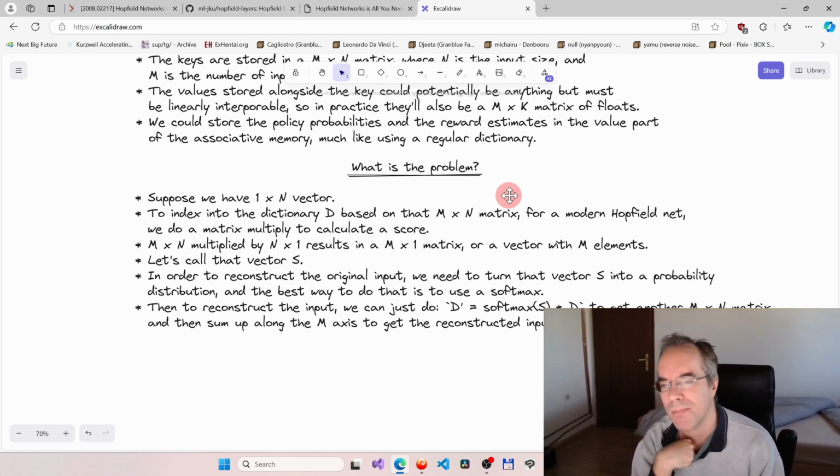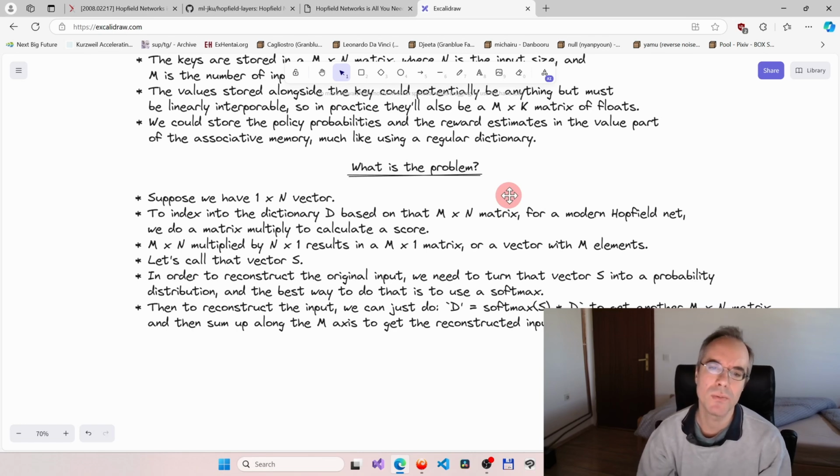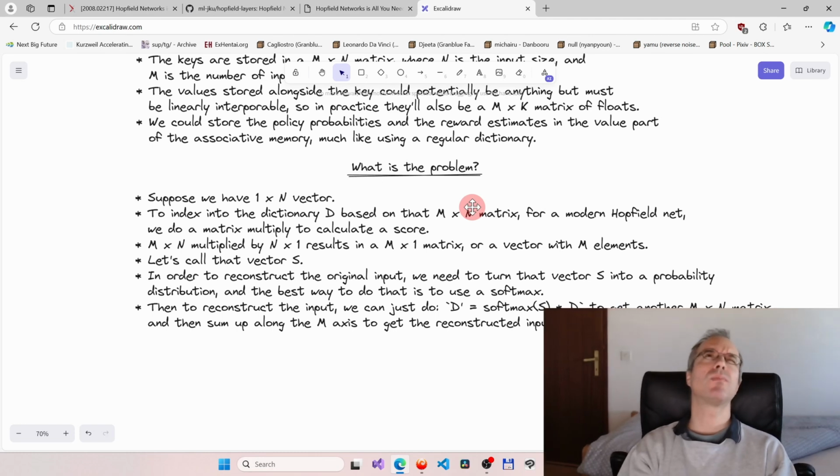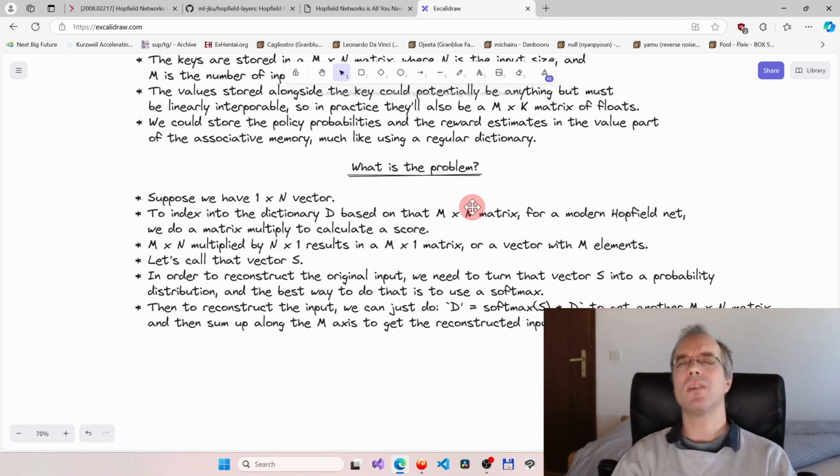Suppose we want to store 1 million examples in this dictionary. So the m here would be something like 2 to the power of 20, and this n here, let's say it will be like 256 or 512. So it's 2 to the power of 8 or 9.